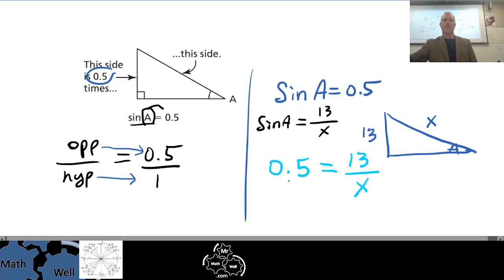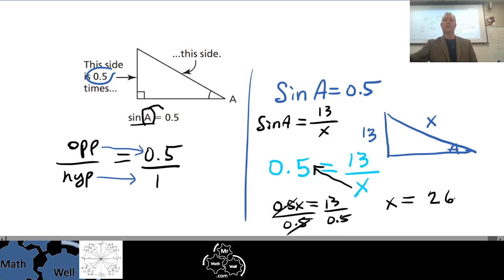So 0.5 is what the sine A equals, 13 over x. Multiply both sides by x, you get 0.5 x equals 13. Divide both sides by 0.5, and x here then equals 13 divided by 0.5. When you divide by a decimal between 0 and 1, the number gets bigger. So that's the same as multiplying by 2. So this is 26.